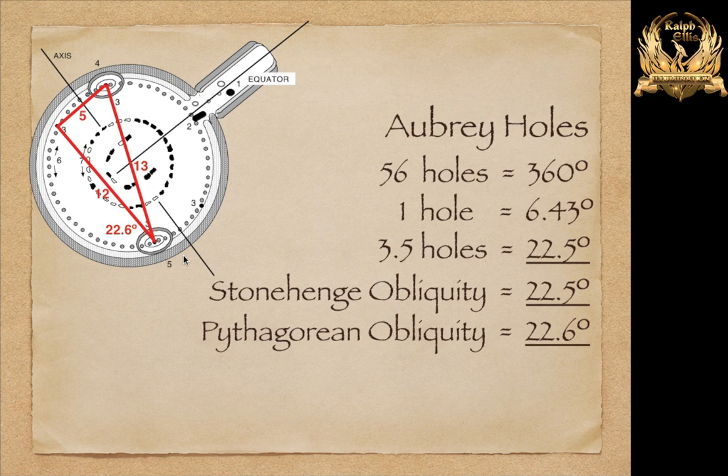And the interesting thing is that this Pythagorean triangle has an angle here of 22.6 degrees. So we have Stonehenge obliquity, calculated from the size of the yellow precessional circles, of 22.5 degrees.